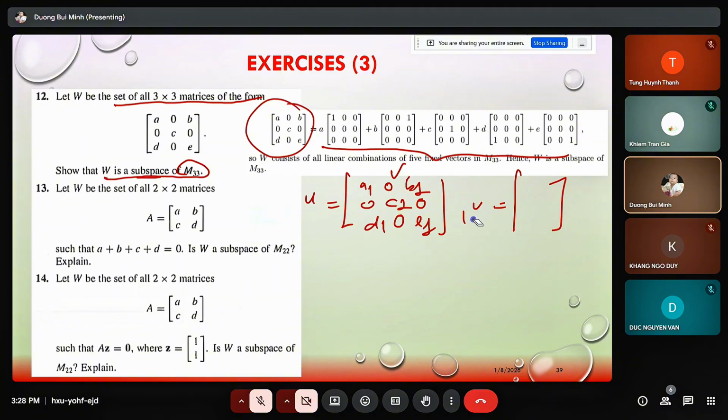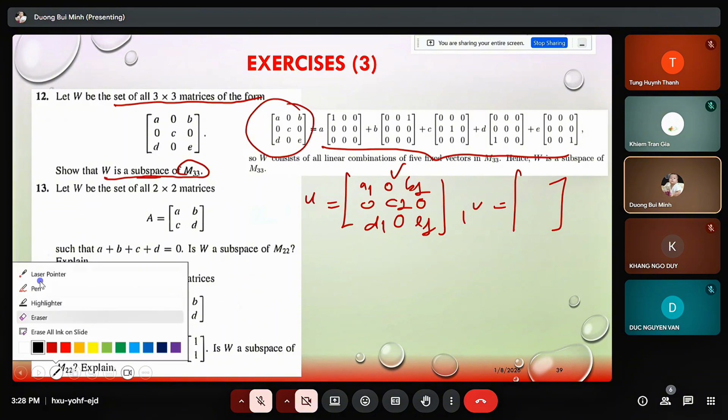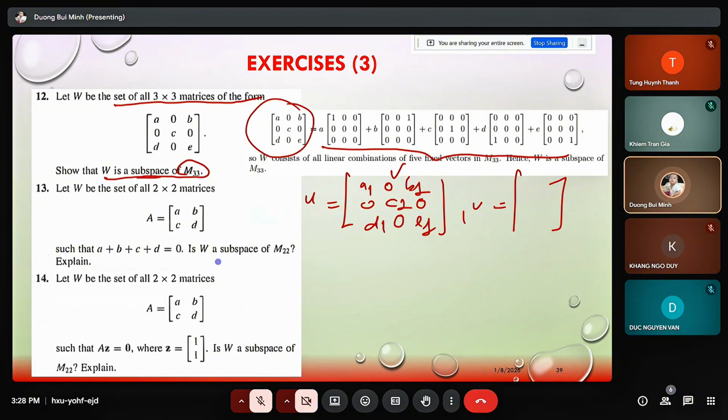That's okay. Or we just indicate the linear combination. That's also okay. So, is W a subspace of M22? Yes or no? Yes. Okay.